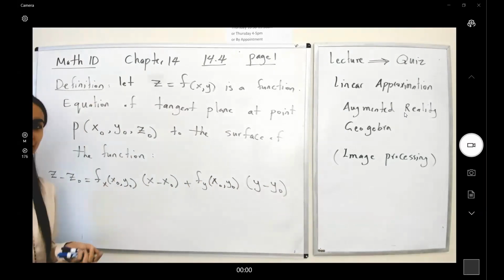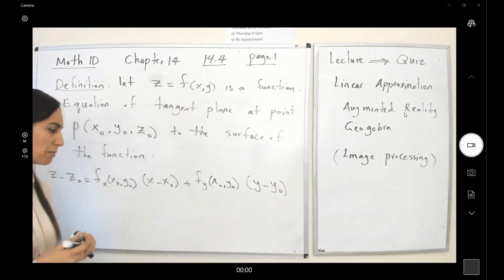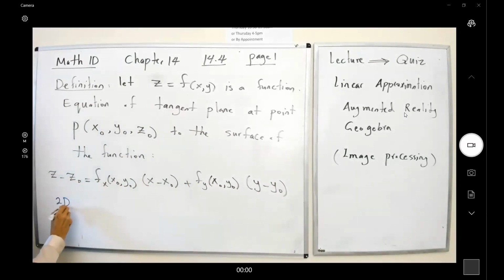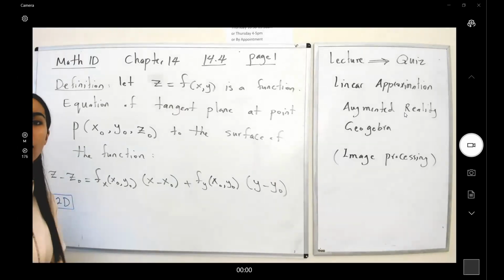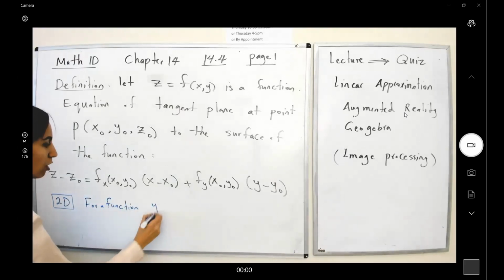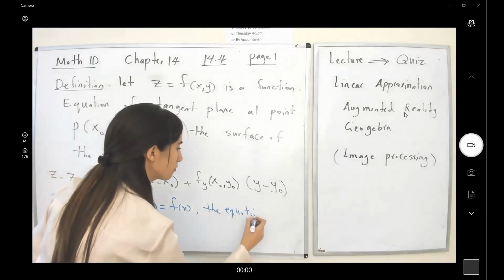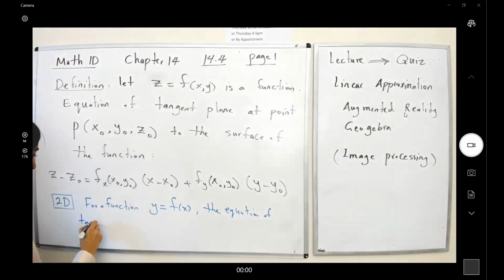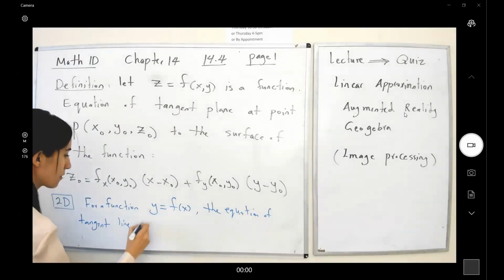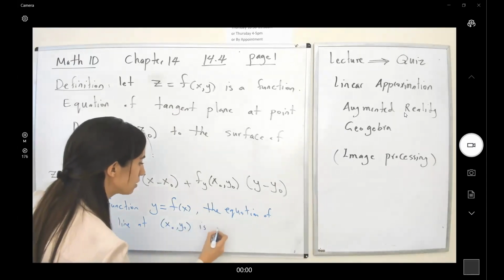So the equation is very familiar to us. Where have we seen this equation before? Remember that in the two-dimensional world, the equation of tangent line to a graph of a function like y equals f of x, at point like a and b or x sub 0, y sub 0, is as follows.